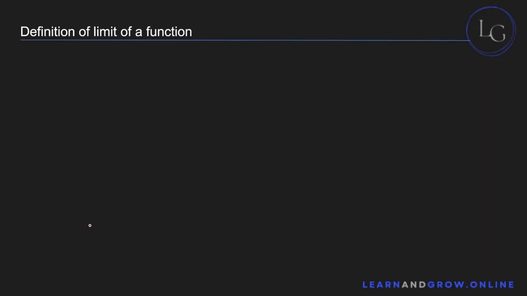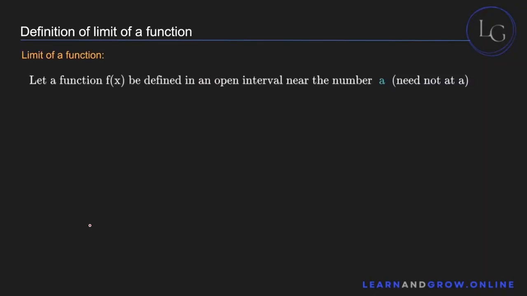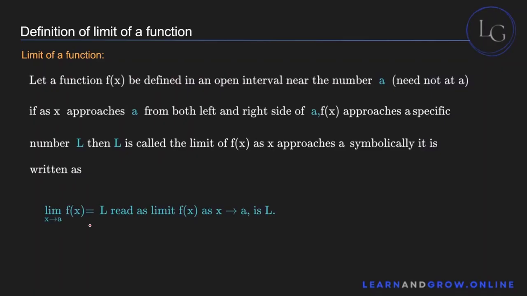Now let's see what the limit of a function is. So it says that if we let a function f of x be defined in an open interval, what that basically means is that the domain of x is basically an open interval, and let's say that it includes 0 and it goes to a, right?